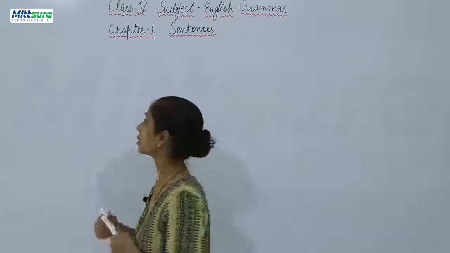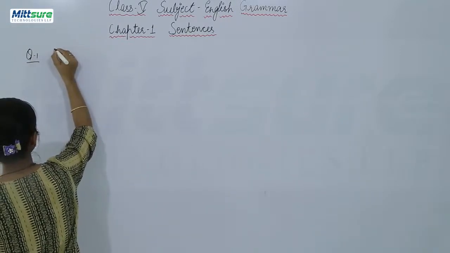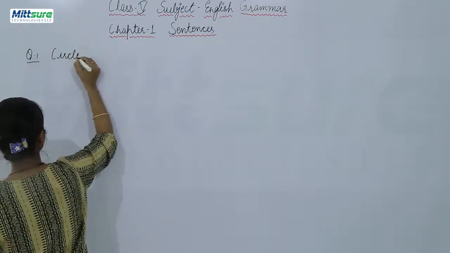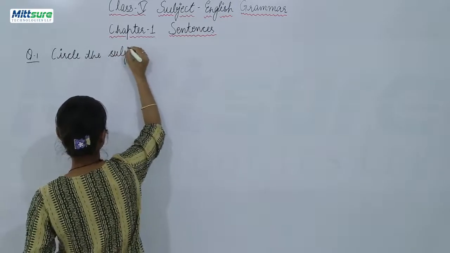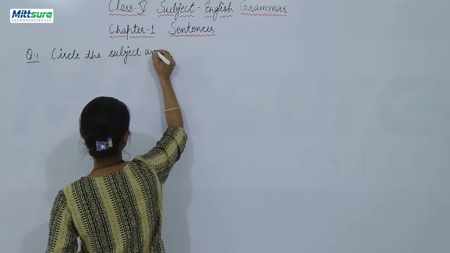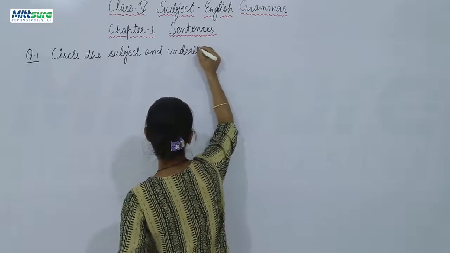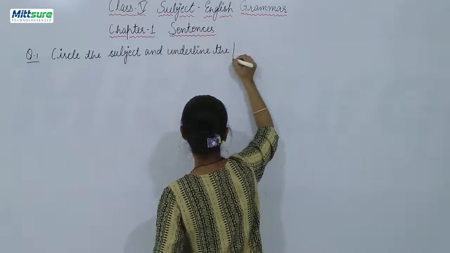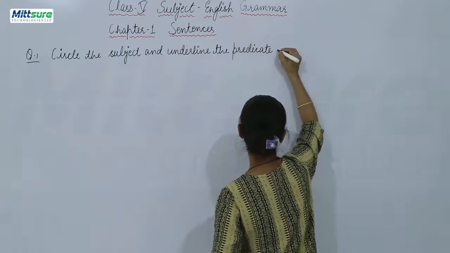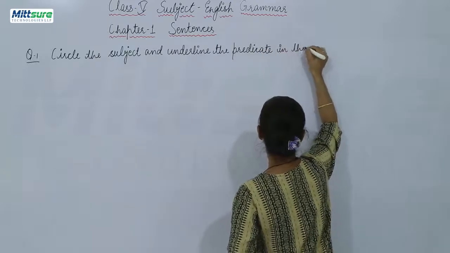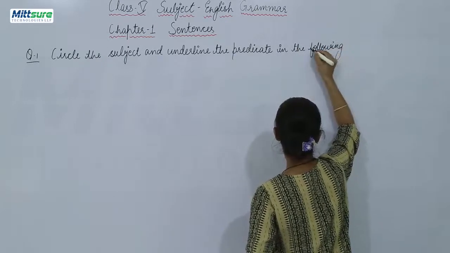So the first question is, circle the subject and underline the predicate in the following sentences.